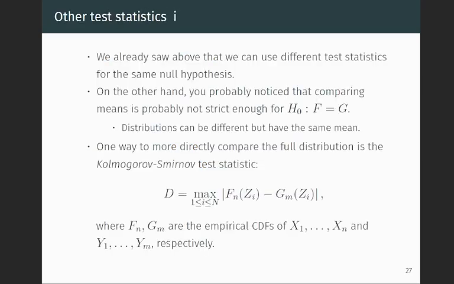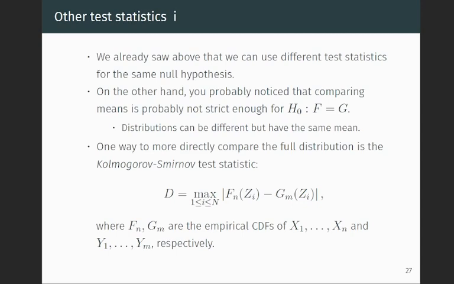Okay, so what we've done is we've assumed that the null hypothesis was that the two distributions were equal. But then we used, as a test statistic, something that only compares the means. And you could argue that maybe this is not the best test statistic because distributions can be different even if they have the same mean. And of course, distributions that have different means are different distributions, but it's not strict enough to test whether f is equal to g.